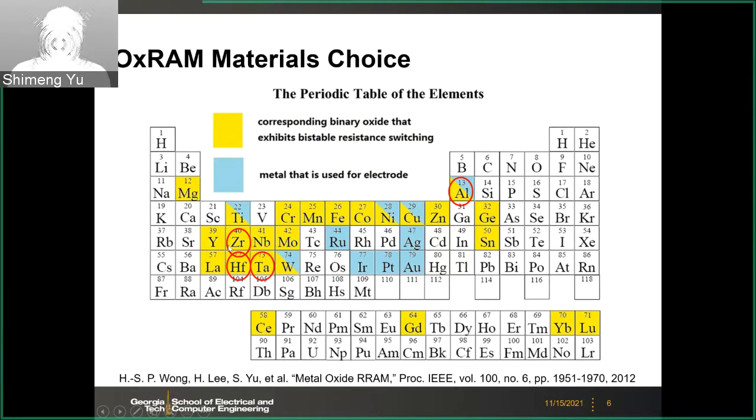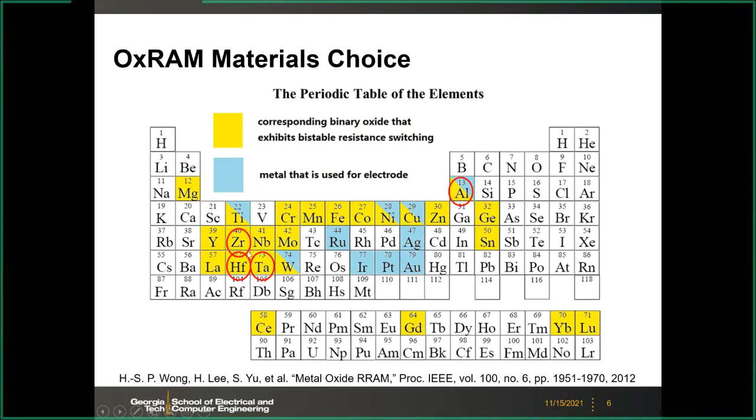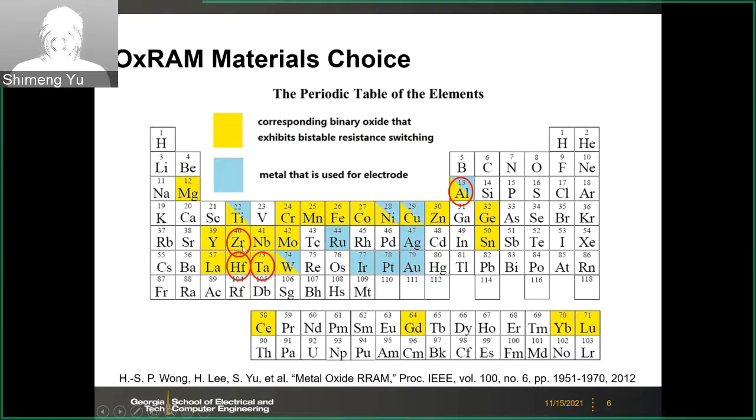And here I highlight a few elements in red circle. The reason is that after the material screening by the research community, industry focused on those elements like hafnium oxide, tantalum oxide, zirconium oxide, or the aluminum oxide. The reason is that those materials have been already used in the CMOS fabrication, so they are compatible with today's foundry process.